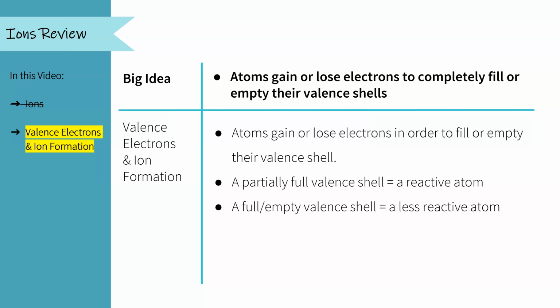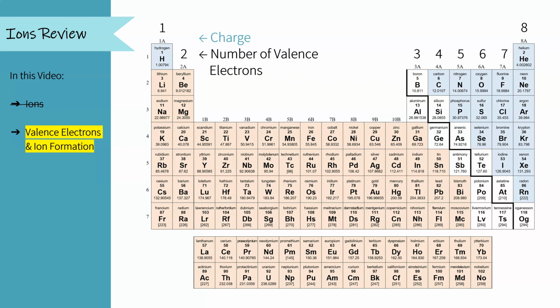Let's look at this in practice with a few examples. I'm going to work my way across the second row, so starting with lithium. Lithium has 1 valence electron. It could choose to find an atom to give that 1 valence electron to, or it could go around and steal 7 valence electrons from other atoms to fill up to 8.